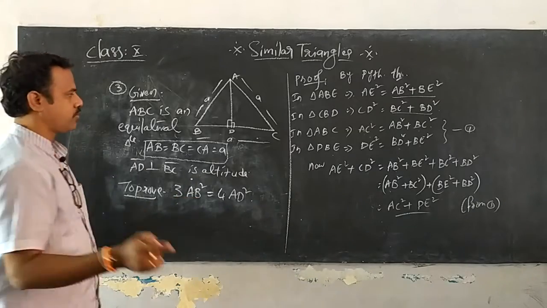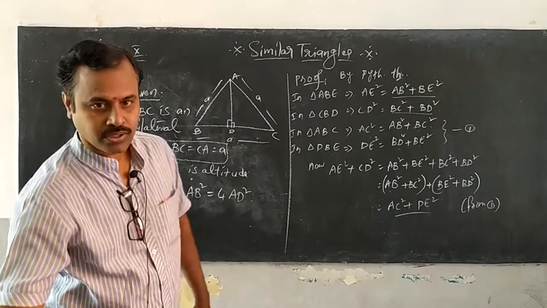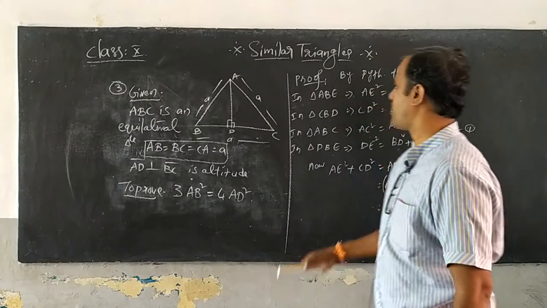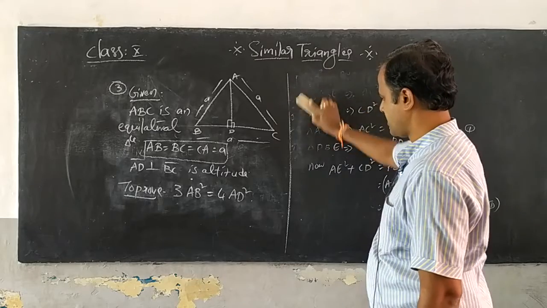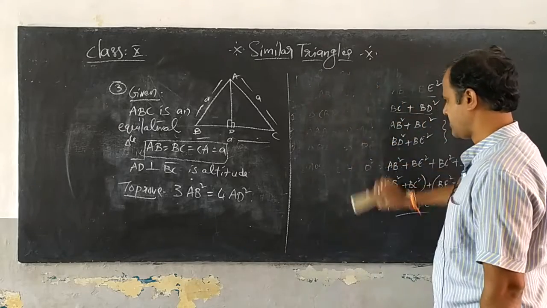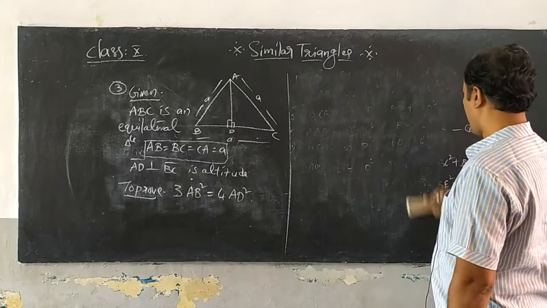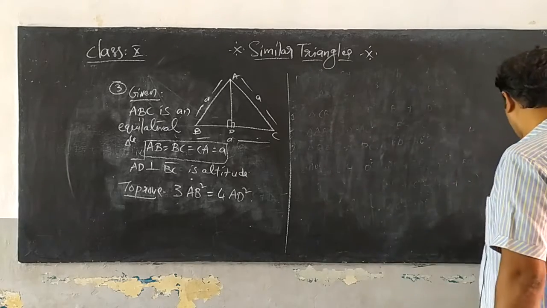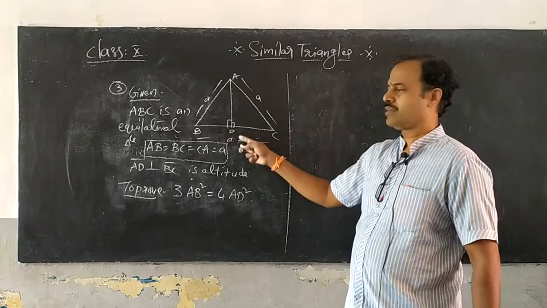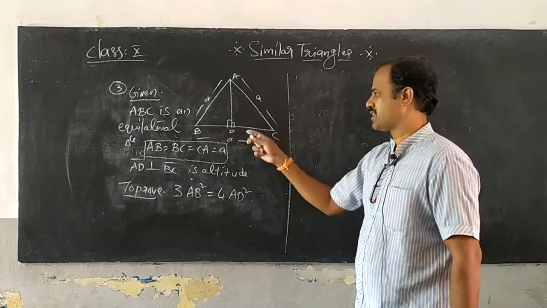We know some properties of equilateral triangles. All sides are equal and all angles are equal. What does the perpendicular do here? It will bisect the base.